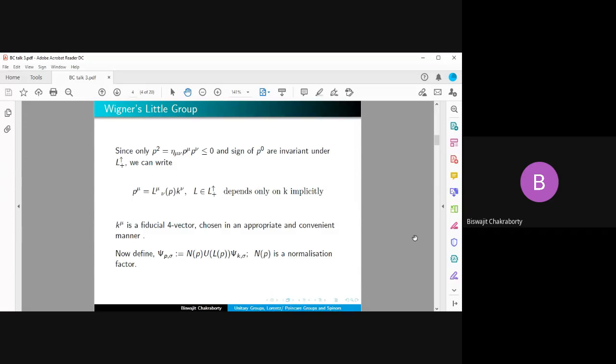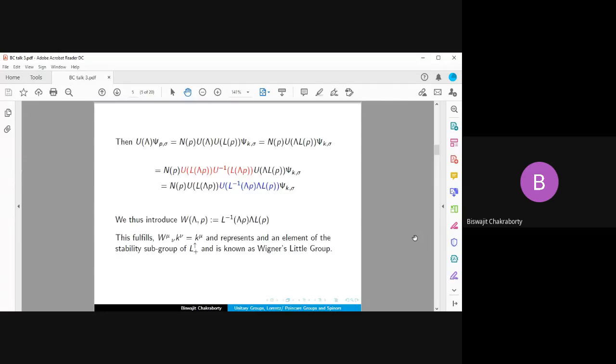Okay. Let's go to the next slide. So now you consider the action of U(Λ) on ψ_{p,σ}. N_p being a constant number, it will come out. U(Λ) will act on U(L_p) ψ_{k,σ}. Now you can apply the group homomorphism property. You can write it as N_p times U(ΛL_p) acting on ψ_{k,σ}.